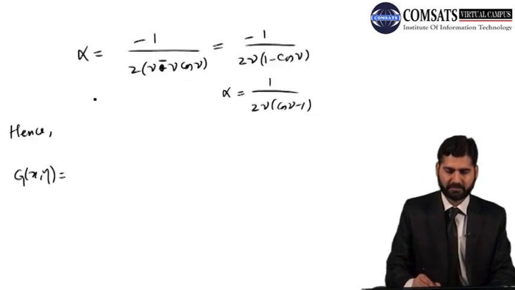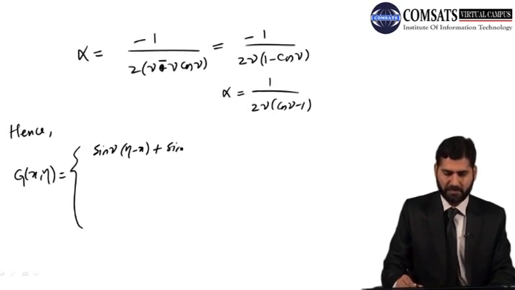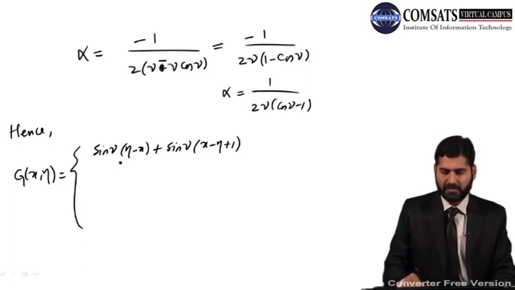So this is sin nu eta minus x plus sin nu x minus eta plus 1, divided by alpha, which is 2 nu cos nu minus 1.